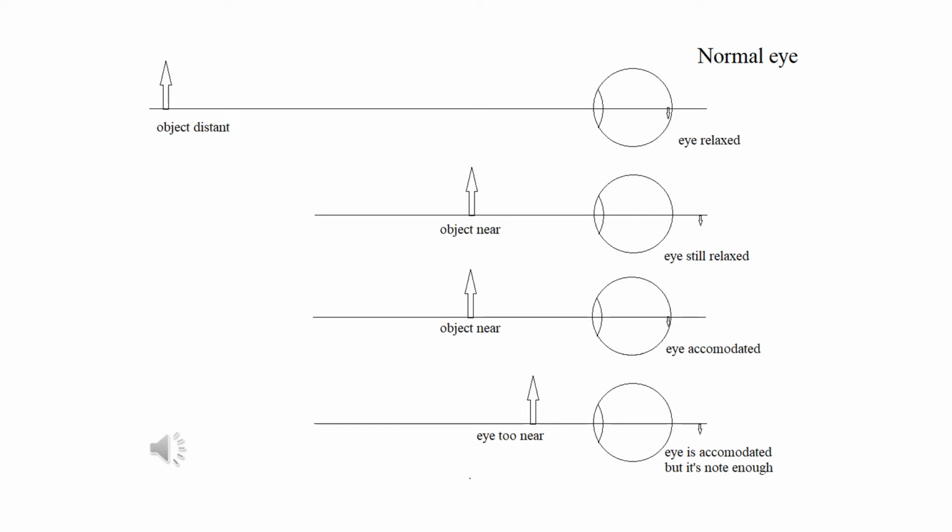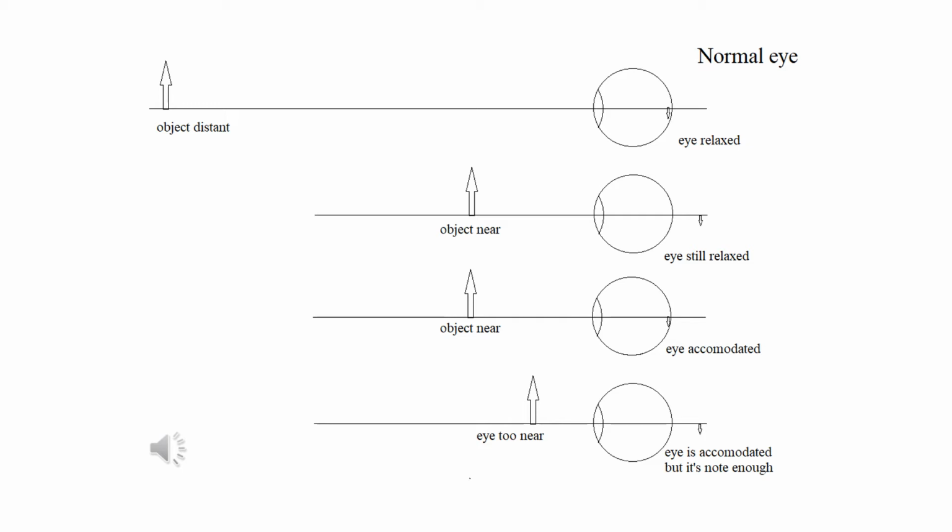In the third image, you can see when the eye accommodates, when those little muscles begin to squeeze the lens to change the focal length and bring that image back onto the retina so it's focused, that's called accommodation. The eye is working now, the muscles are working to bring that image onto the retina and keep it focused.